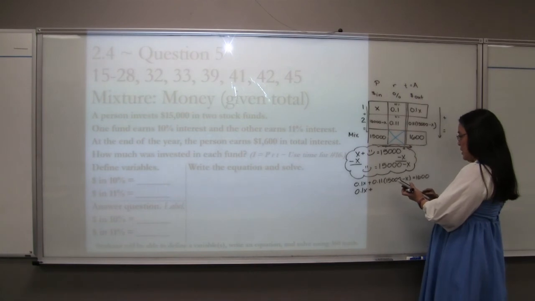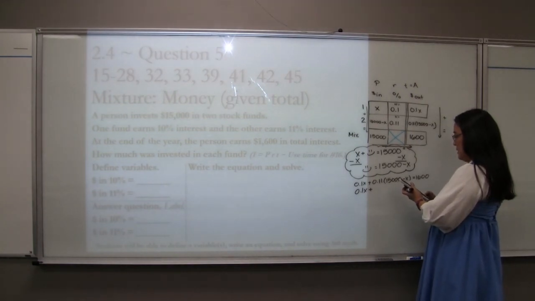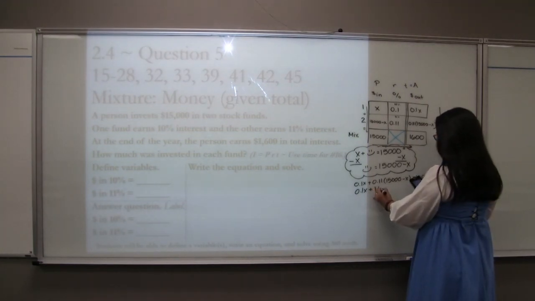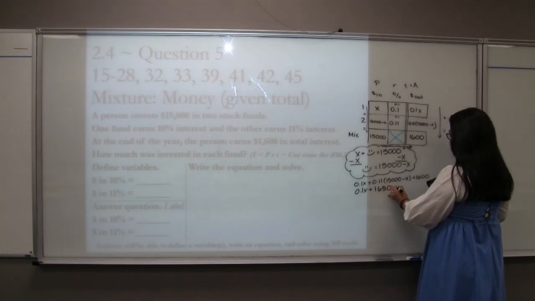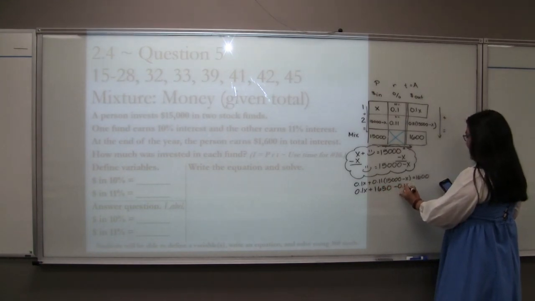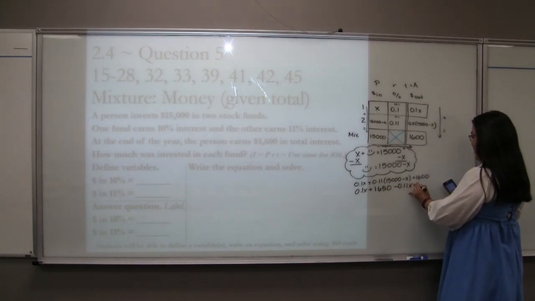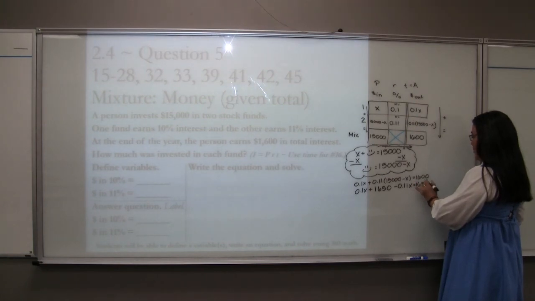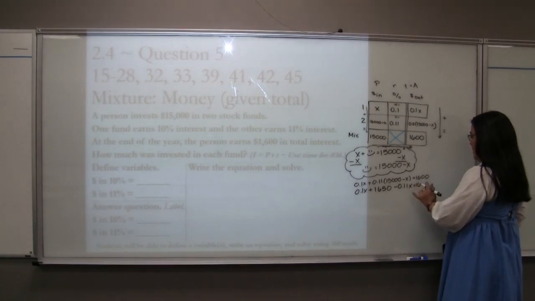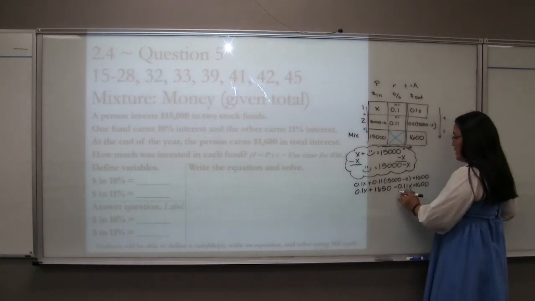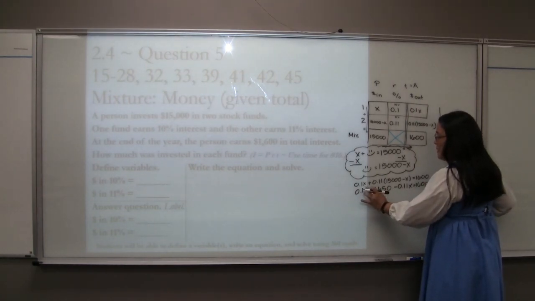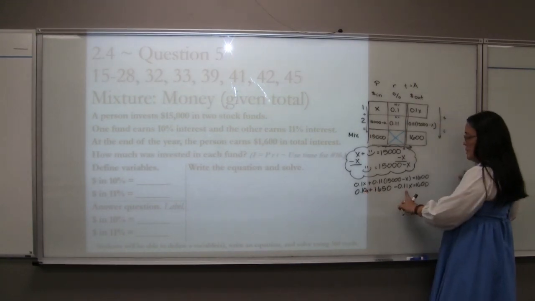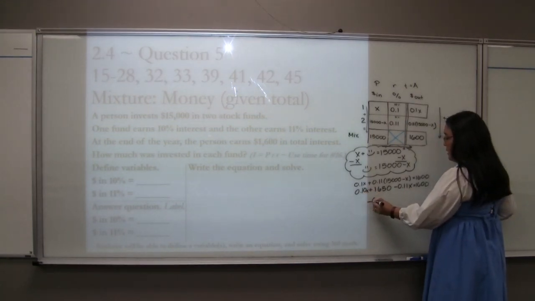0.11 times 15,000. Aha, copying error. Thinking ahead, combining like terms, it might be worth it to make this 2 decimals and 2 decimals, and we're going to get that.